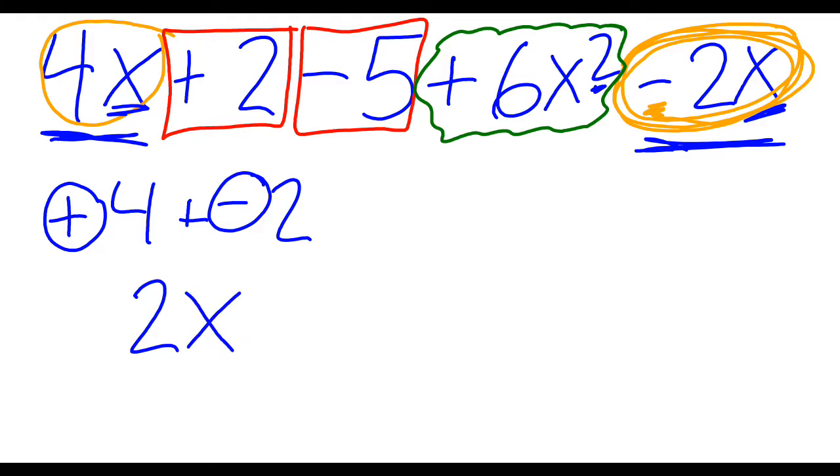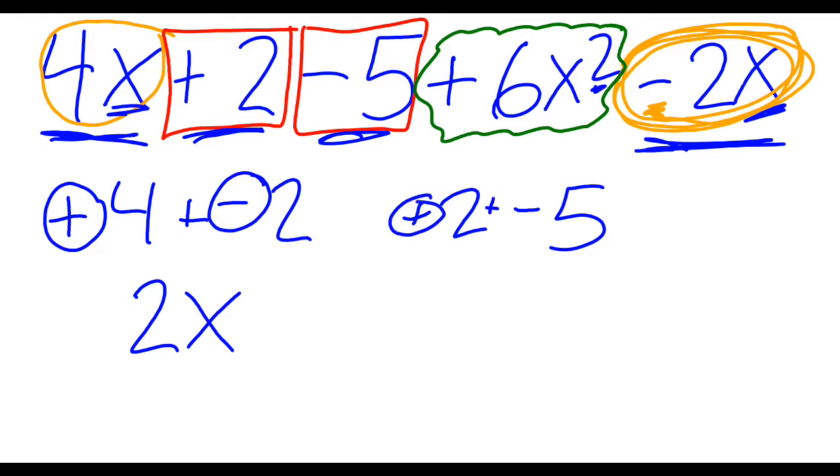Next, I'm going to look at what's in my red boxes here. All right, so I've got a positive 2 and a negative 5. Well, again, I'm adding in this negative. All right, different signs because I've got a plus and a minus. So that means I'm doing different signs difference. All right, 5 take away 2 is 3.